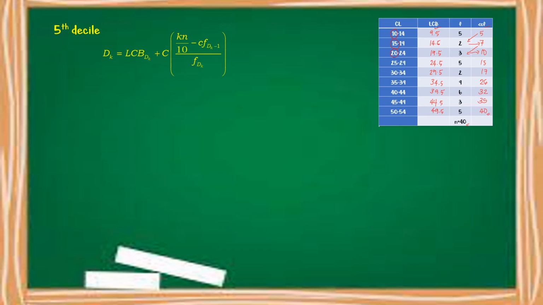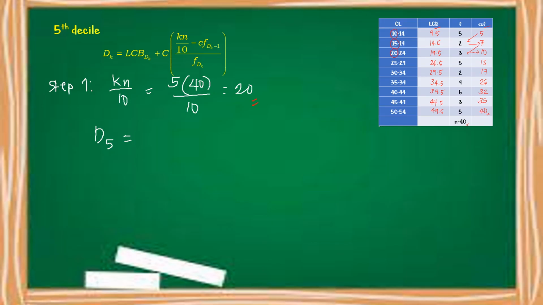We have here the fifth decile. Our first step is to get k times n divided by 10. So let's substitute 5 times 40 divided by 10. We have 200 divided by 10 is 20. Then let's locate first.